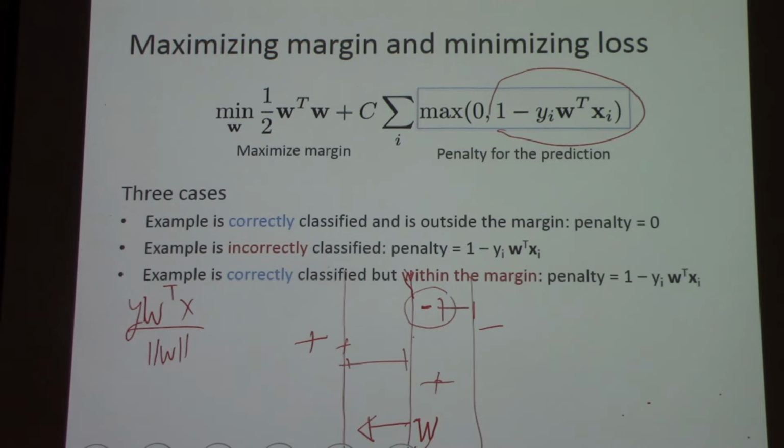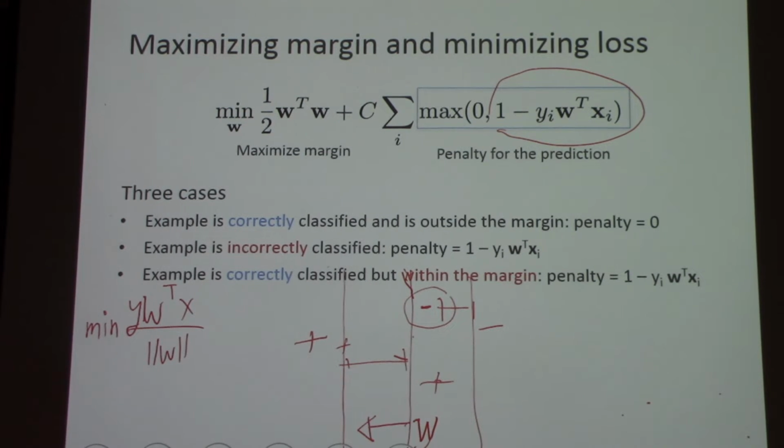And actually, it's the min of this value over all the training examples. Find the point that's closest and the distance to the closest point.